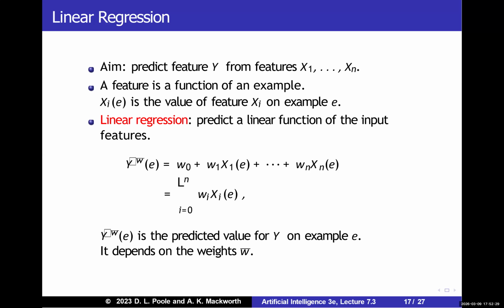During training, the learning algorithm adjusts these weights so that the model's predictions match the observed data as closely as possible. Although the mathematics behind linear regression can become complex, the basic idea is straightforward. The model tries to find a line or surface that best fits the data. Once that relationship has been learned, the model can apply it to new examples in order to make predictions.